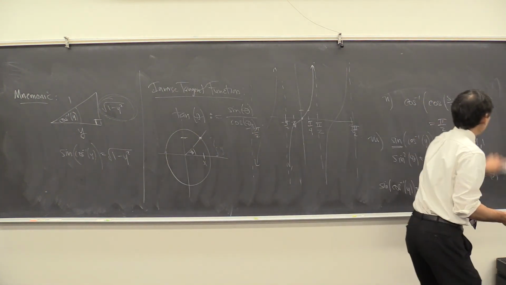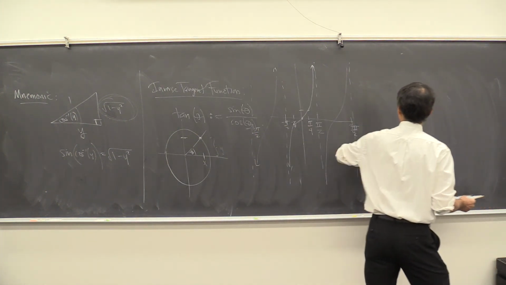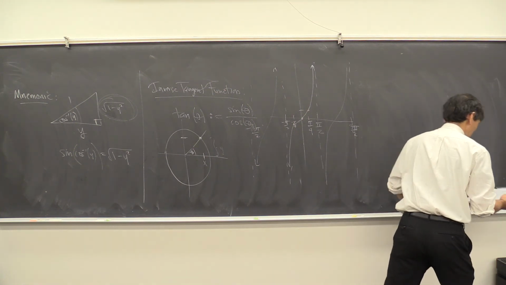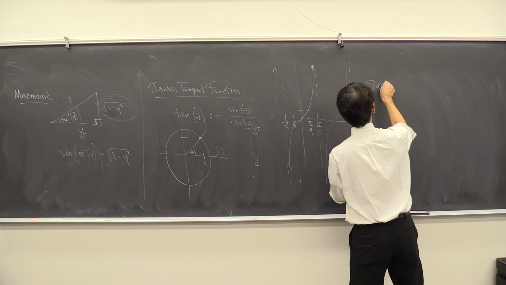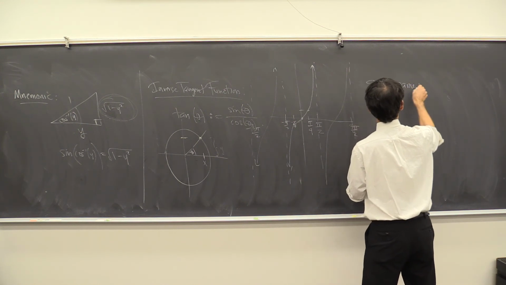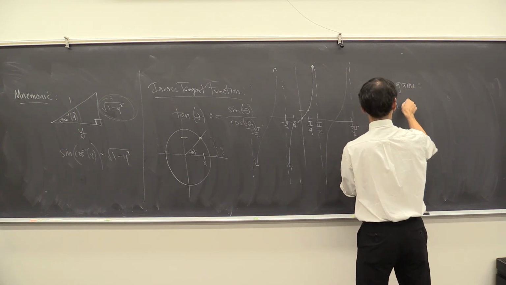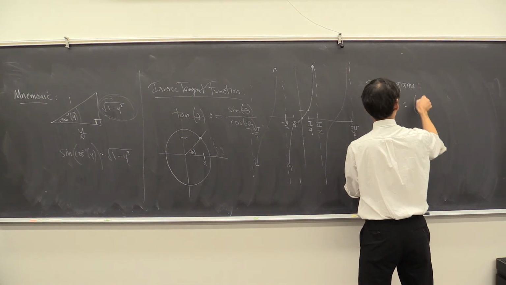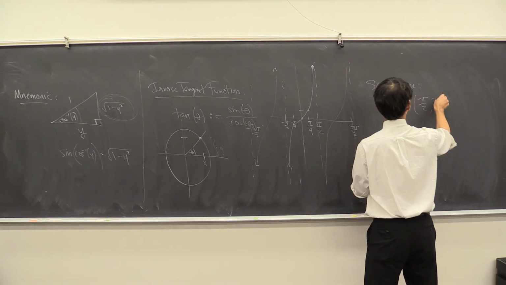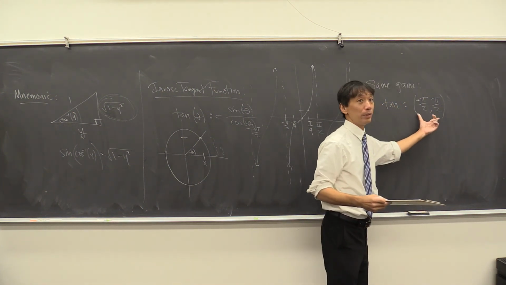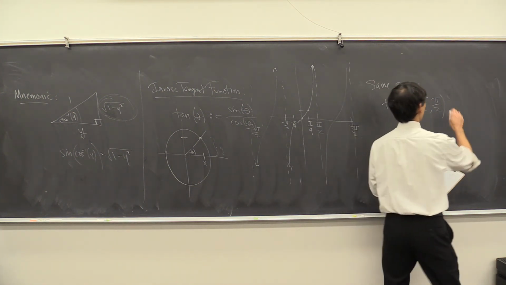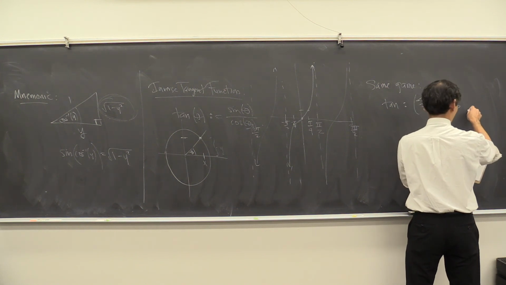So we play the same game. Tangent, if we restrict it to negative pi over 2, pi over 2, with the open brackets because we can't take values at the endpoints, that would be infinite.